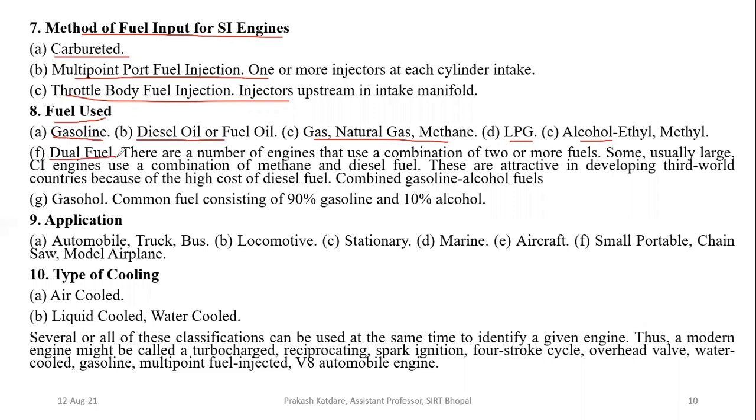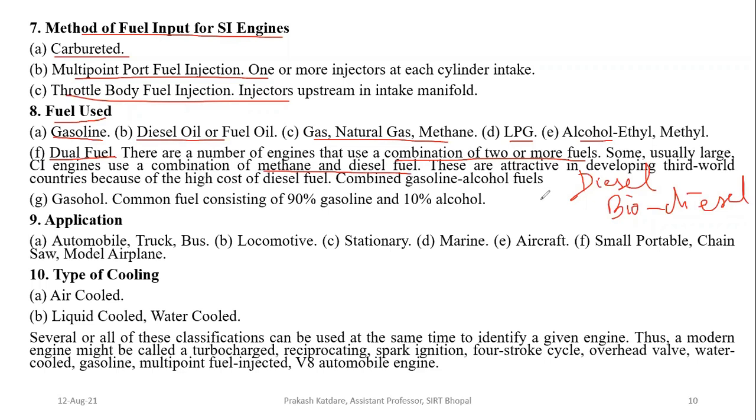Then we can have a dual fuel IC engine, where a combination of two or more fuels can be used. For example, we are already using in some countries diesel and biodiesel. Diesel and biodiesel, both these combinations are used, and in some cases diesel and methane are used.